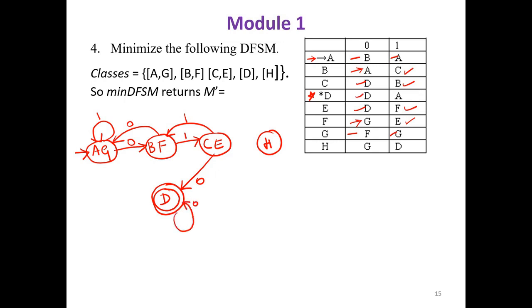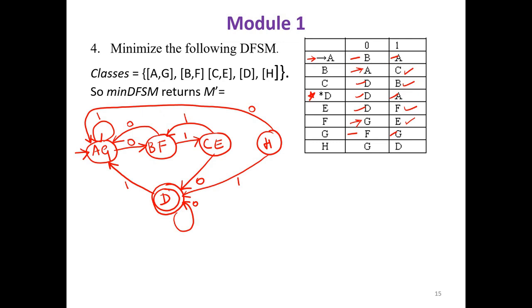D1 is going to A. Last, H is going to G for 0 and for 1 it is going to D. So this is the complete minimized DFSM.